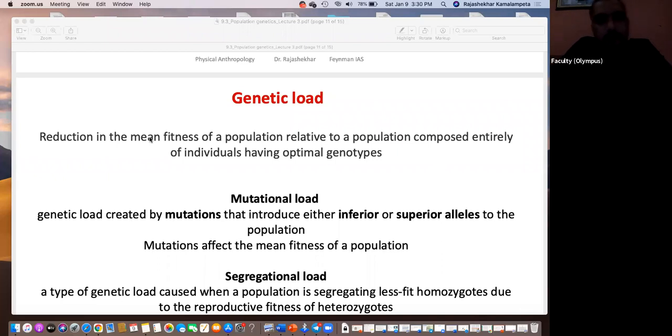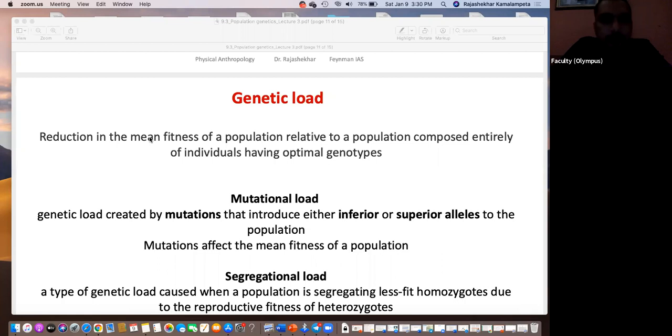Selection acts on those that are beneficial, and they are maintained. Those that are not beneficial, or actually harmful, are eliminated from the population, correct? But those alleles that can have a negative impact on our survival can result in some amount of load. So the negative impact of changes in genetic sequences leads to what is referred to as genetic load.